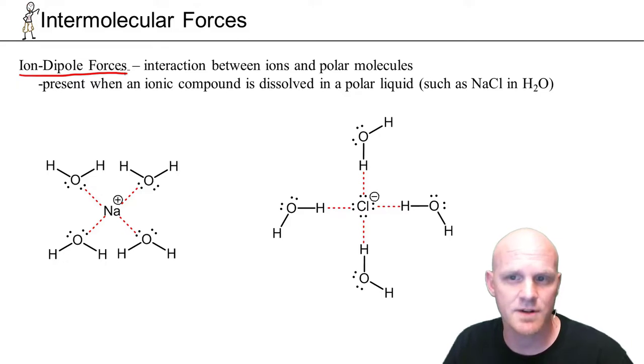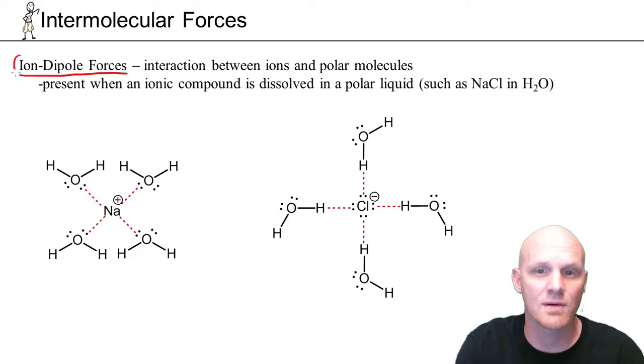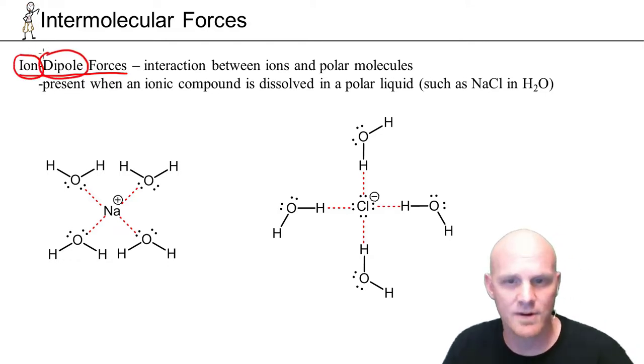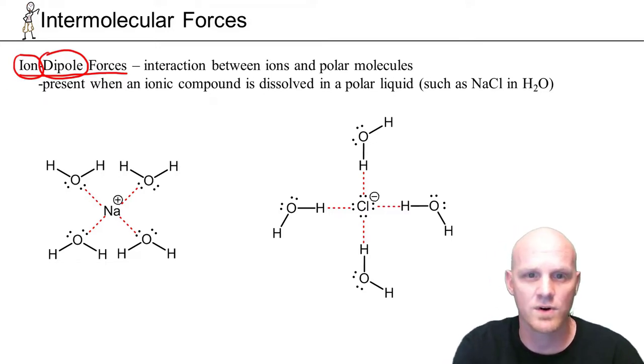And as we were using them to compare the boiling points of a bunch of pure substances, that's why we group them together. But in this case, ion-dipole forces can only be present in a mixture because it implies you've got something ionic mixed with something polar. The most common example is when you dissolve an ionic compound in a polar solvent like water. So we can see how this works here.